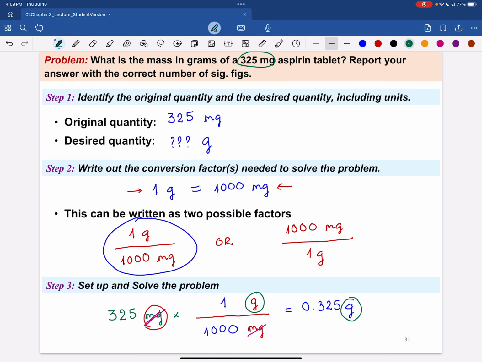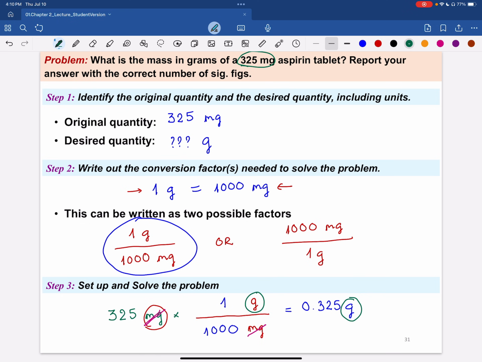The next two pages are your practice problems. In conclusion, for dimensional analysis or unit conversion, first write down what you know and what is asked. Decide what conversion factor you should use based on one equivalent statement, then write your conversion factors.